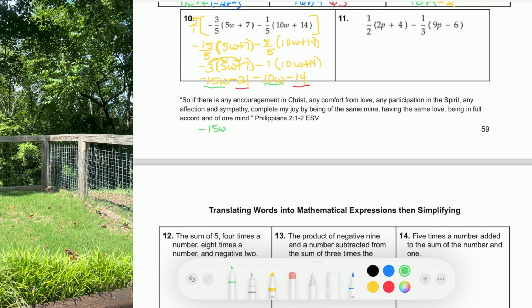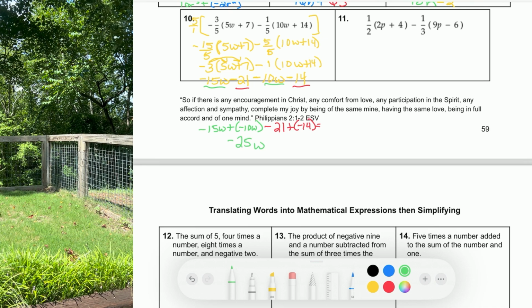And I'm going to go ahead and do the keep, change, plus negative 10w. Then I have minus 21, do my keep, change, plus negative 14. Okay. So negative 15w plus a negative 10w is going to be a negative 25w. And then my negative 21 plus a negative 14 is going to be a negative 35.